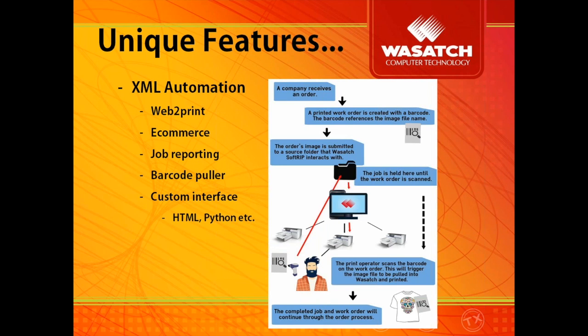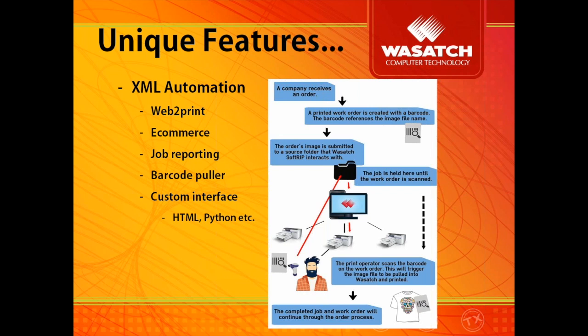So where RIPs have gotten into recently, again, is automation, helping to bridge the gap from a file being designed or uploaded or emailed, getting that through the print process and out the door to the customer.